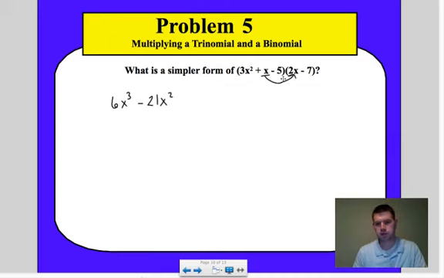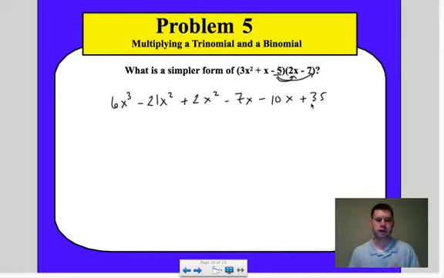And I go x times 2x, I get plus 2x squared, x times a negative 7, so I get a negative 7x, and I'm done with that term. Then I move on to the next one, negative 5. Negative 5 times 2x, and I get negative 10x, and negative 5 times a negative 7, which gives me a plus 35.